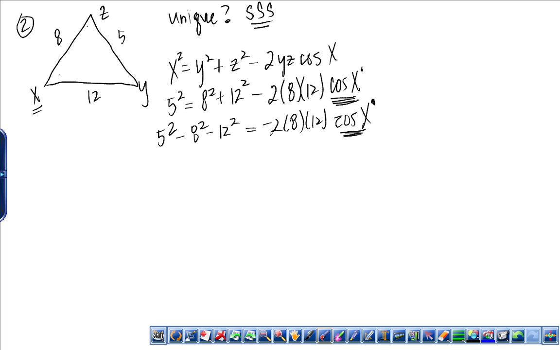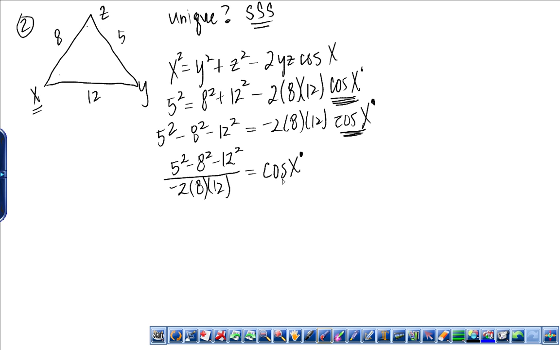I'm going to do some more things in one step. In order to get cosine by itself, I'm going to have to divide by negative 2 times 8 times 12. So this is 5 squared minus 8 squared minus 12 squared divided by negative 2 times 8 times 12, and that will give me cosine of x degrees.